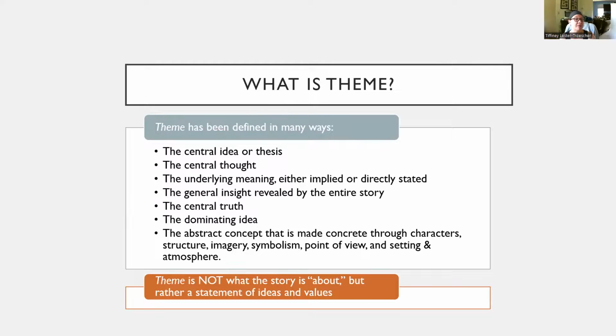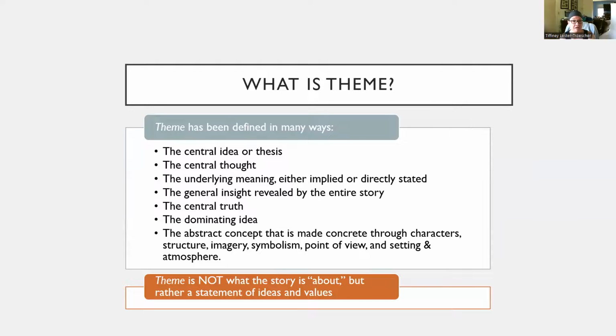That's what the poem is about. That's the subject matter. That's not the theme. The theme is the underlying message, what we're supposed to walk away with, the idea, the thought, the feeling that we are supposed to walk away with after reading this piece, right?